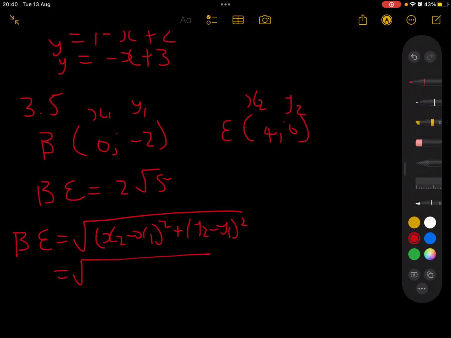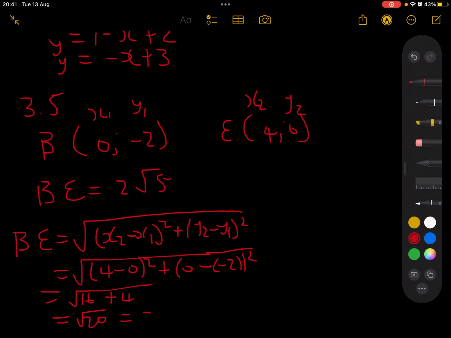Then we substitute: 4 minus 0 squared plus 0 minus negative 2 squared. Then this becomes 16 plus 4, which equals the square root of 20, which is equal to 2 root 5. And that is true.